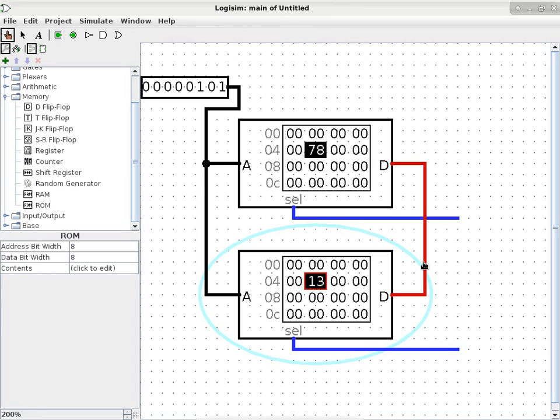Well, the wire actually has a little bit of resistance. Everything has resistance. So there's an inherent resistor between these two.